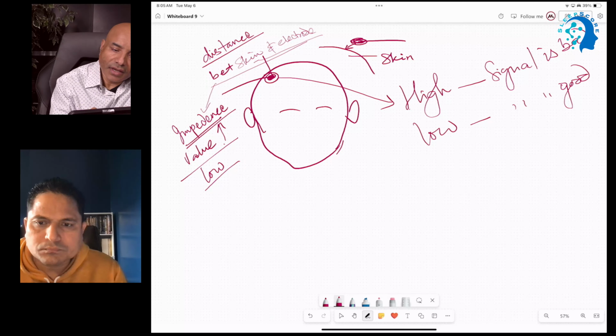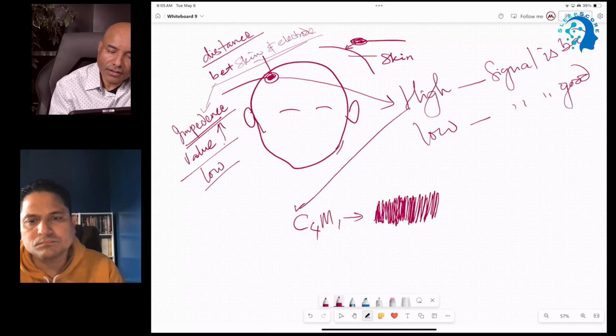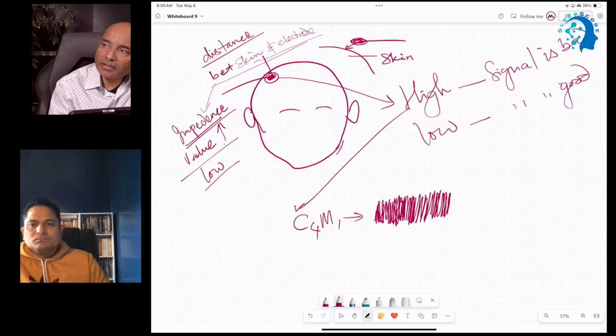Now if the impedance is high, let's say C4 M1, the signal will look like this. High impedance. This is no good. It doesn't look good.